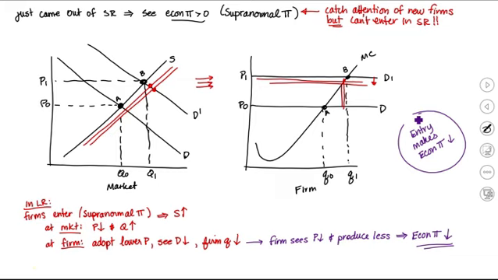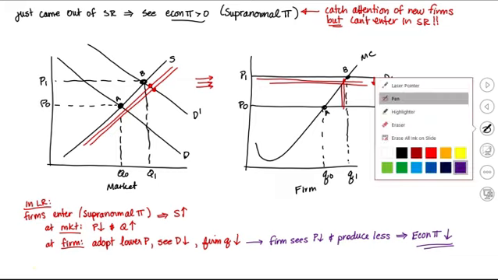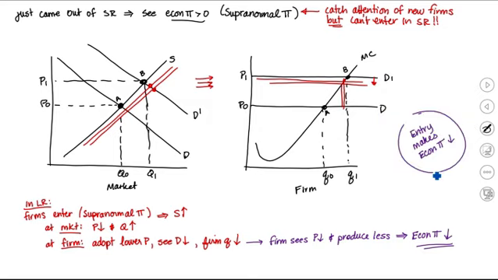So my question is, when does entry end? When will entry stop? Yeah, when we get back to the equilibrium, which is what? When all the supernormal profits are competed away, right?